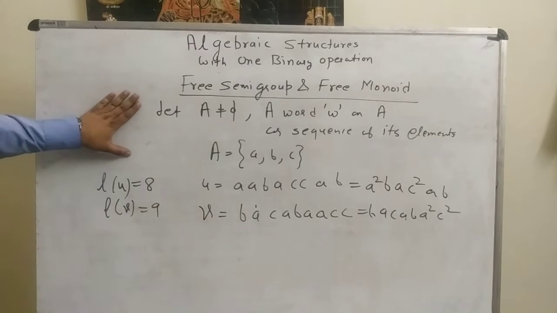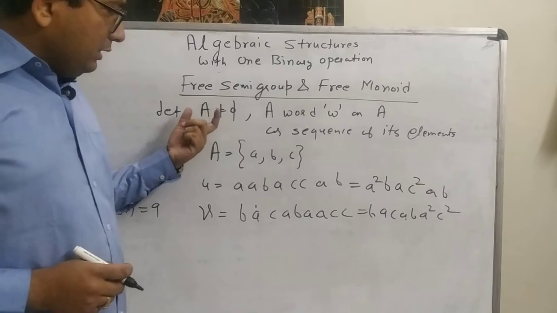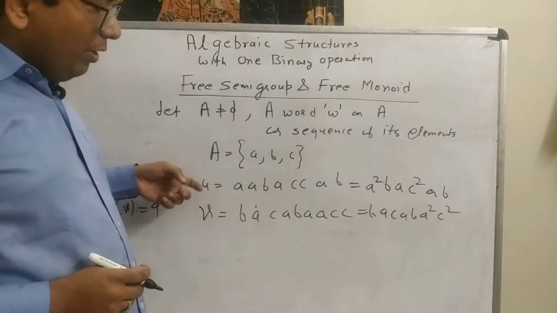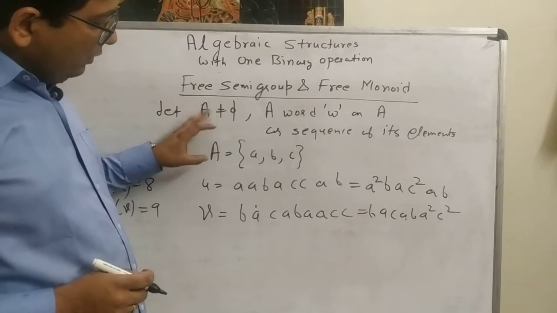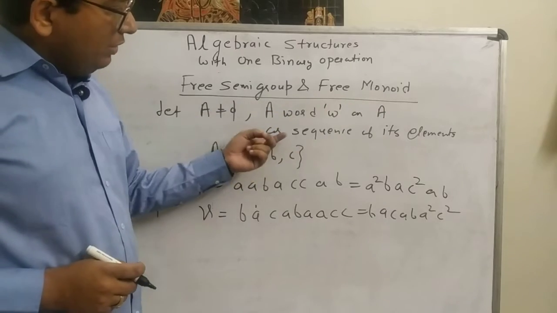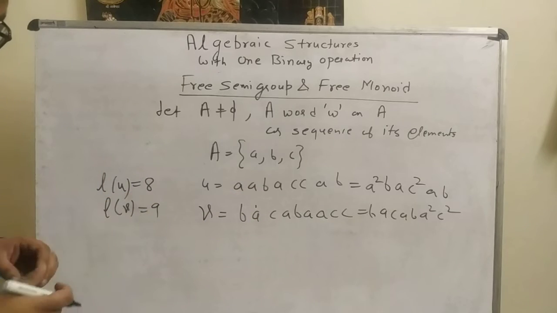So till now we have defined a set, the set of words like U and V. We take a non-empty set, then define a word W on A, which is a sequence of its elements, and these are two examples.